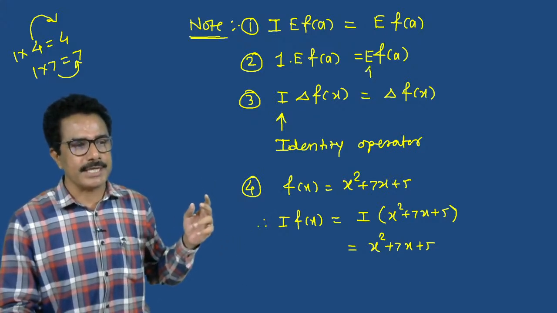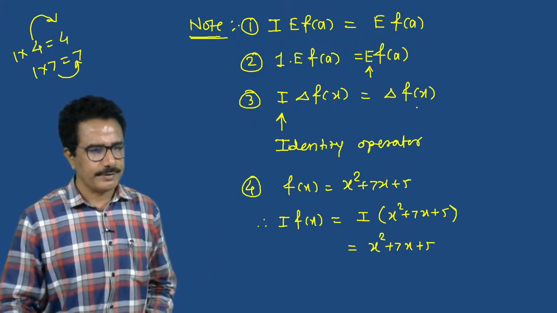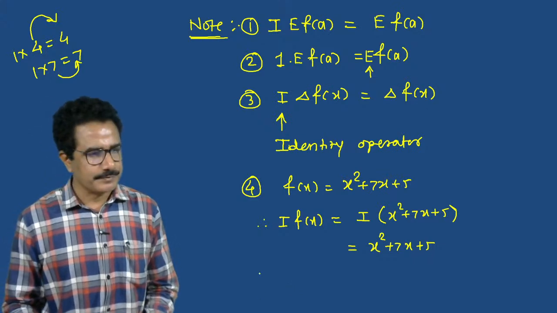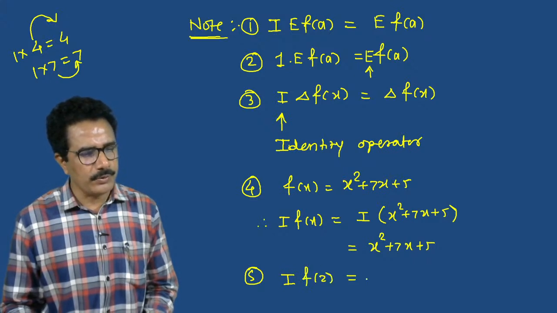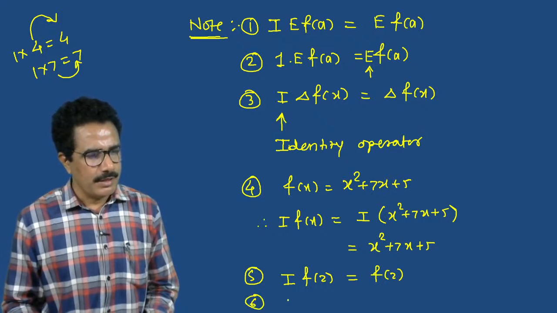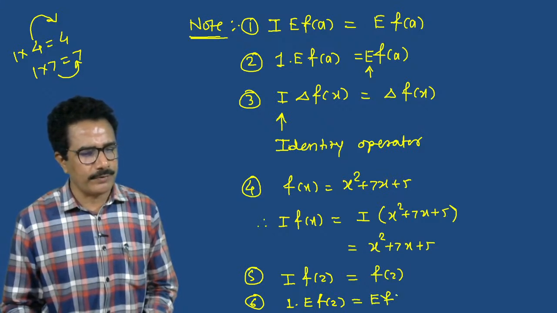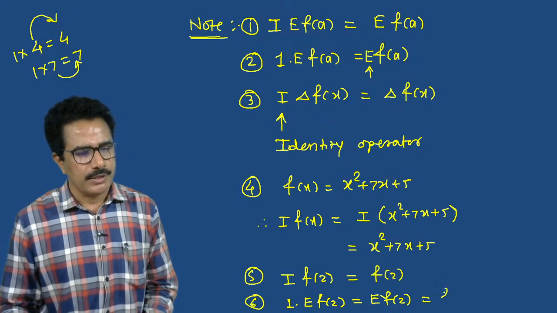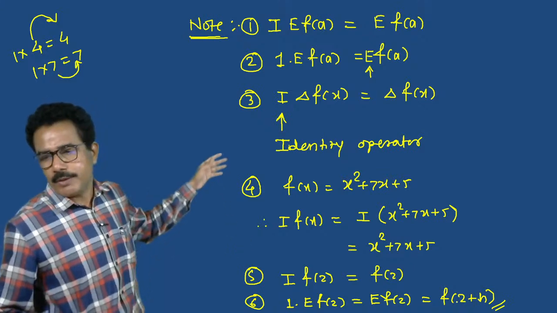E was forgotten here, check it. So E is called an identity operator. Okay, did you understand? Fifth, I of f of 2 is equals to f of 2. 6, 1 into E of f of 2 which is equals to E of f of 2 which gives f of 2 plus h. So 1 is called a unity operator, identity operator.